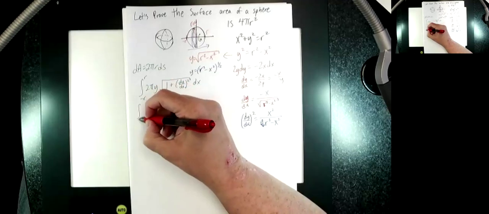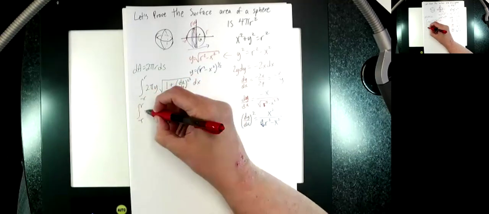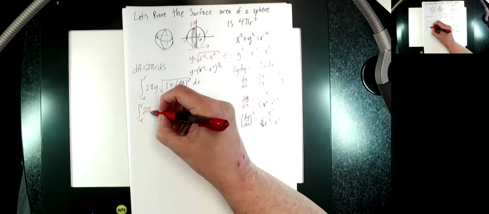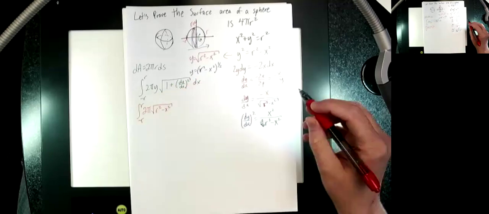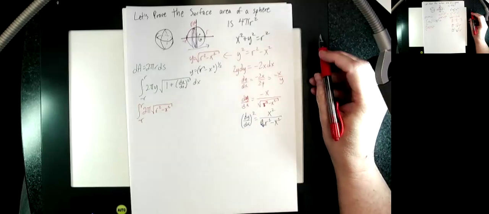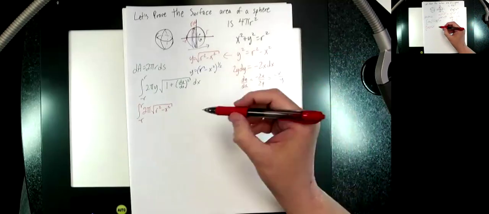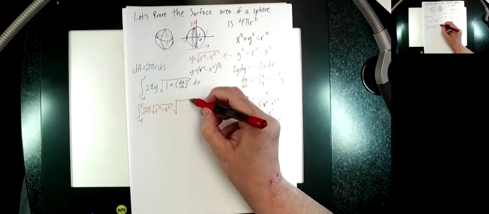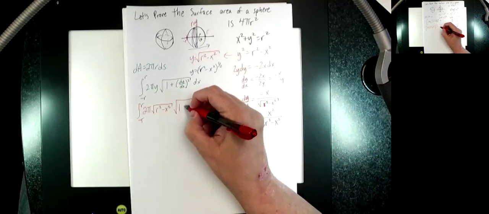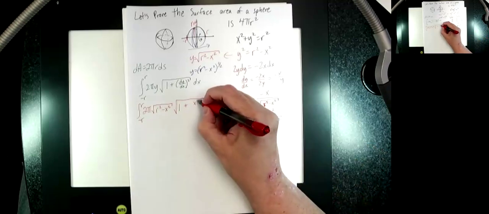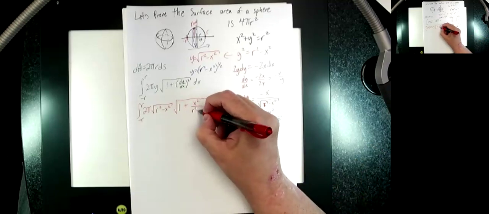Then we'll start replacing things with what we got. y is that square root. In here, we have 1 plus, we already did dy dx squared, so x squared over r squared minus x squared.